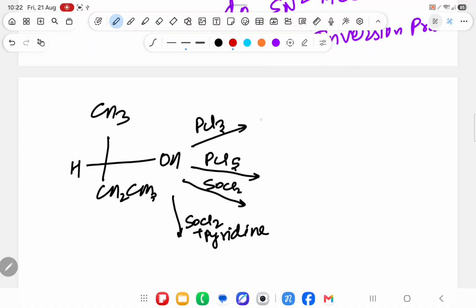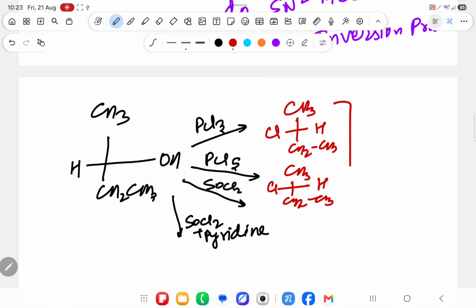You will say, sir, in this case it will follow SN2, so inversion is there. So you will get CH3, CH2, CH3, over here H and on this side Cl. Over here it is also SN2, so CH3, CH2, CH3, over here H and Cl. Both will follow SN2, so inversion comes. Understood? Cl is here.